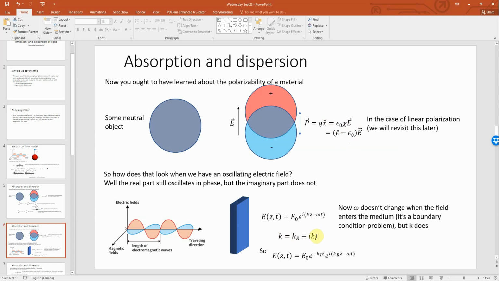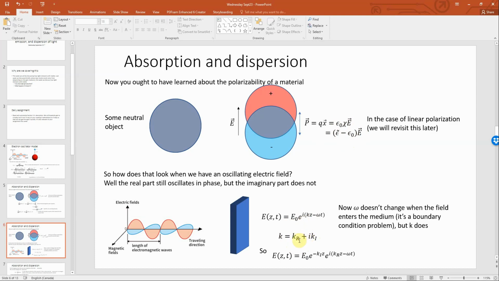And so it turns out that if we do some math, and we'll be doing this math in electromagnetic waves, but for those of you who haven't taken the course with me yet, just take my word for it, that we can separate this k into a real part and an imaginary part. So basically, this complex response to the applied electric field gives us a complex wave vector as this wave propagates in the material.